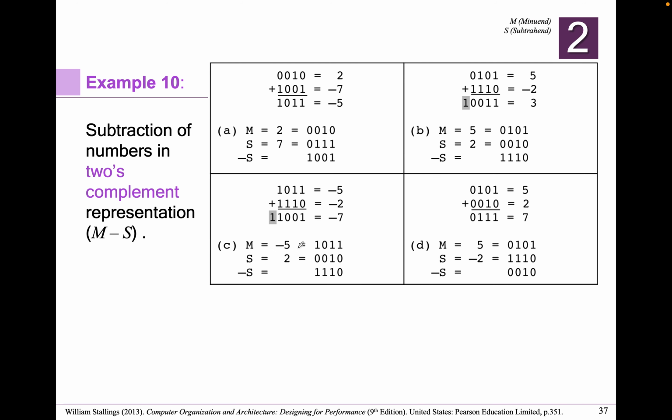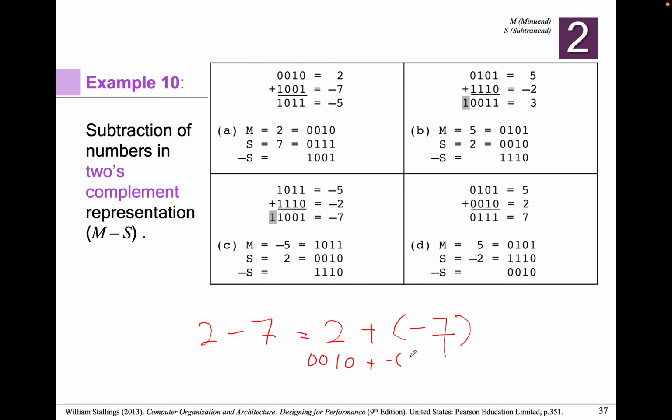Example here, let's say you have 2 minus 7, equivalent to 2 plus negative 7, and let's convert it. This one we will get 0010 plus negative 7. First we will convert it into binary.